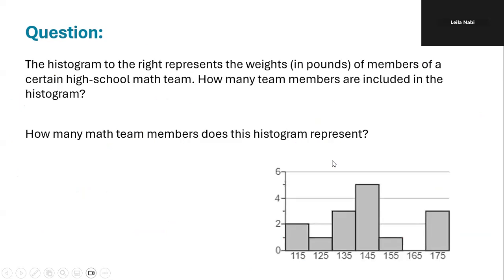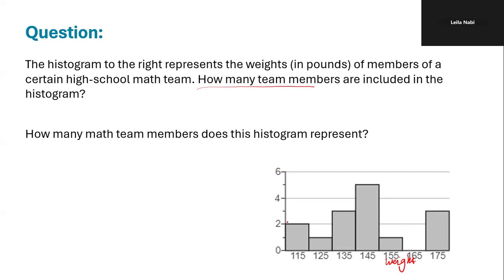Okay, next example. In this question, we have a histogram which represents the weight in pounds of members of a certain high school math team. Now it's asking how many team members are included in the histogram. If you look at this histogram, you will see different bars, which are the weight, the frequencies, which are the number of people in that weight.